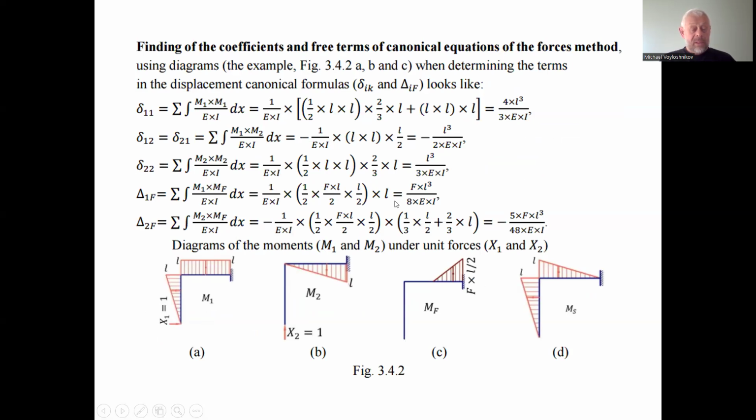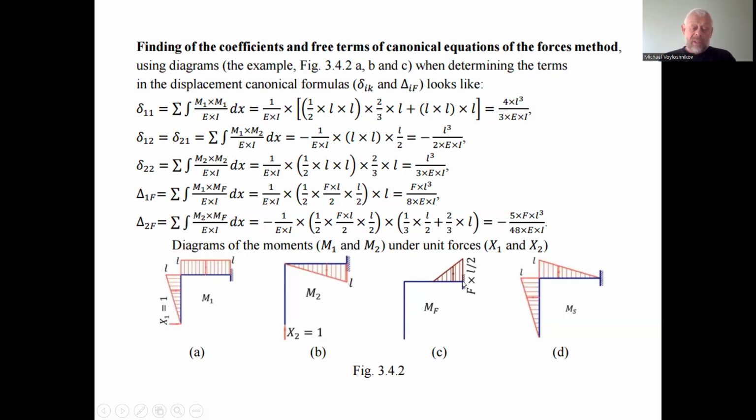So we find the Mohr integral for the sum of two legs in the fourth direction. We have to find the displacement in the fourth direction under the influence of the external load. This is the diagram of the external load. It is applied to the upper leg embedded here in the middle, and the bending moment is distributed linearly from zero at the point of application of the external load to the embedding.